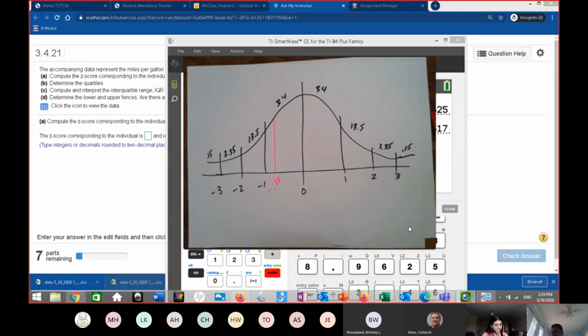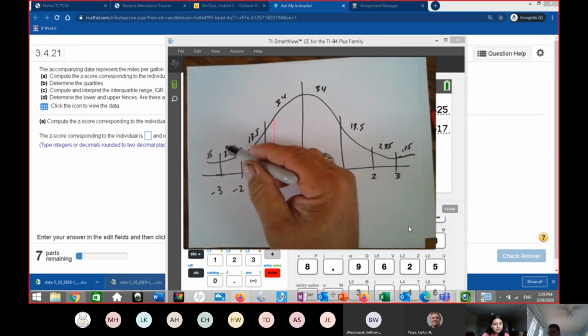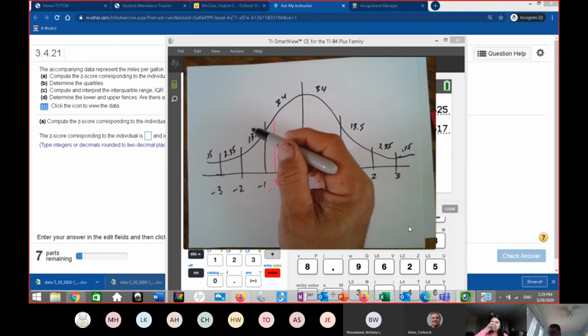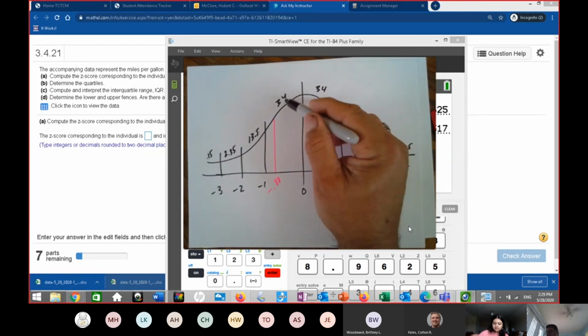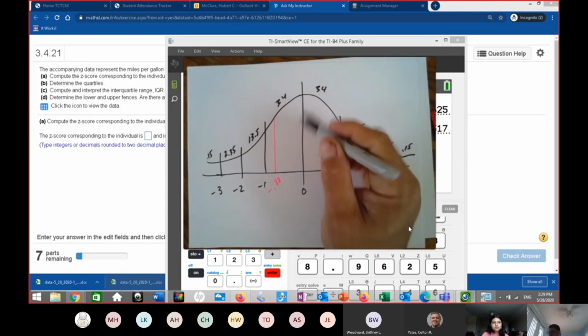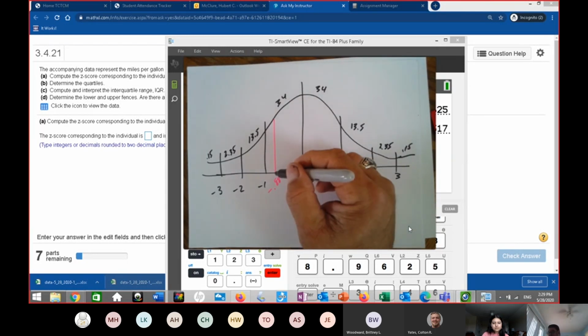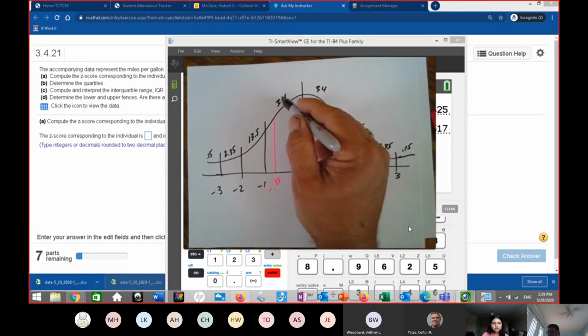Now the question may ask, what percentage by the empirical rule is below -0.88? It's not going to ask that because there's no way you can tell. You can just estimate it. You would say, well, it's 13.5 plus 2.5, which is 16. And 34 divided by 3 is about 11.